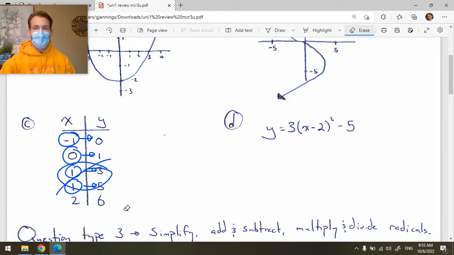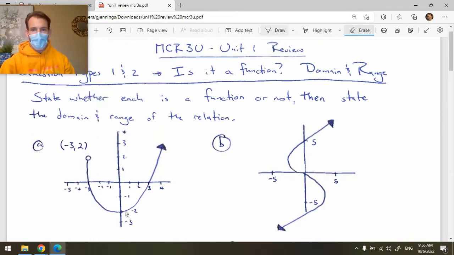Okay, so whenever you see an input having more than one output, then it's not a function. Notice that we don't care if two different inputs produce the same output. Okay, like it's not the horizontal line test. This is no problem.